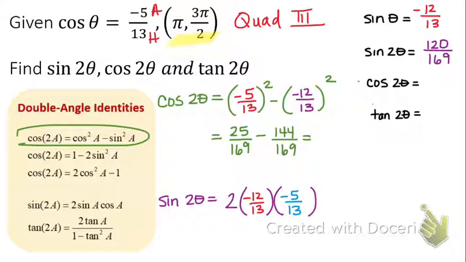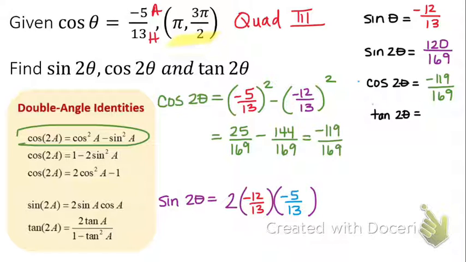Take 144 minus 25, and you know your answer is negative. So you should get negative 119 over 169. That would be your cosine double angle. Let me make sure. Yep, that's right.